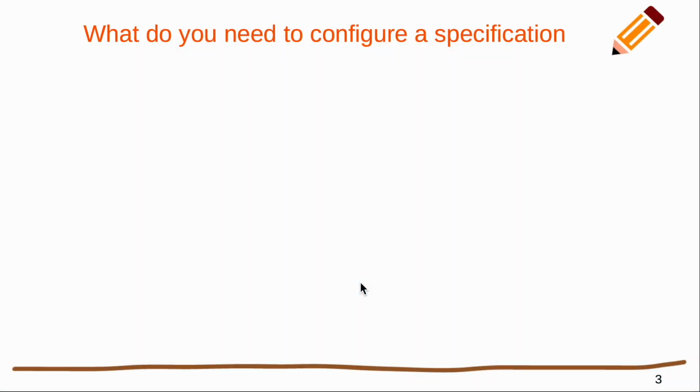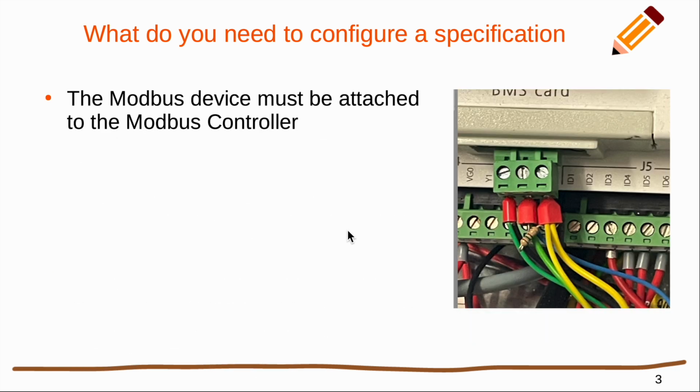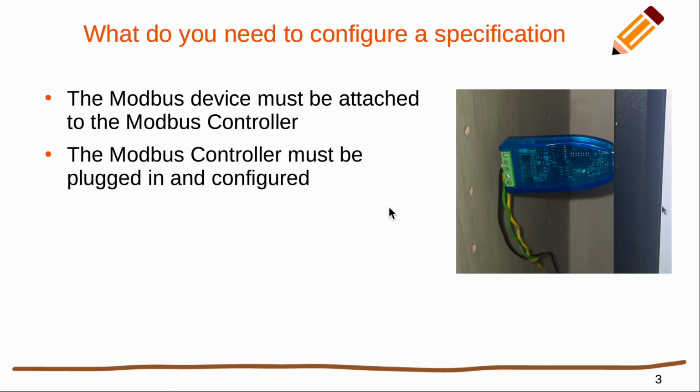What do you need to configure a specification? First of all, the Modbus device must be attached to the Modbus controller. See the other documentation how this can be done. On the right side you see a picture. In this case there's a heat pump connected to its Modbus interface. The Modbus controller must be plugged into the smart home system or to the server where Modbus2mqtt is installed.